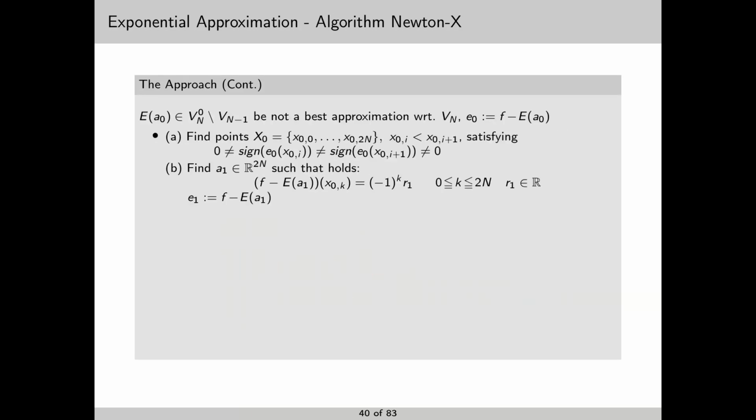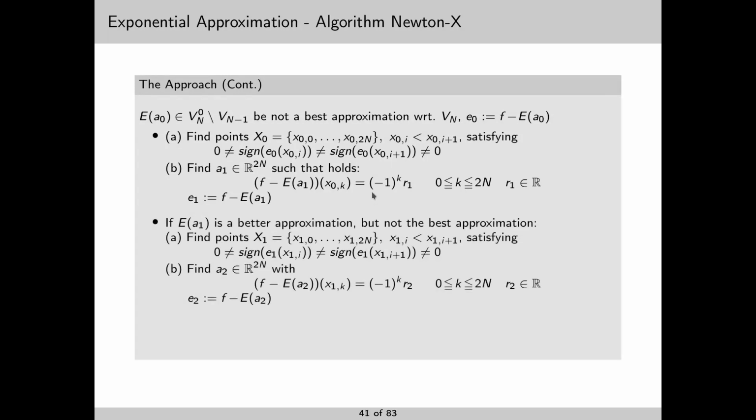In general, starting with an exponential sum e of a0 with 2n+1 points where the error function alternates, we look for a vector a1 with this property, which says that the error function of e of a1 has an alternate at these points.